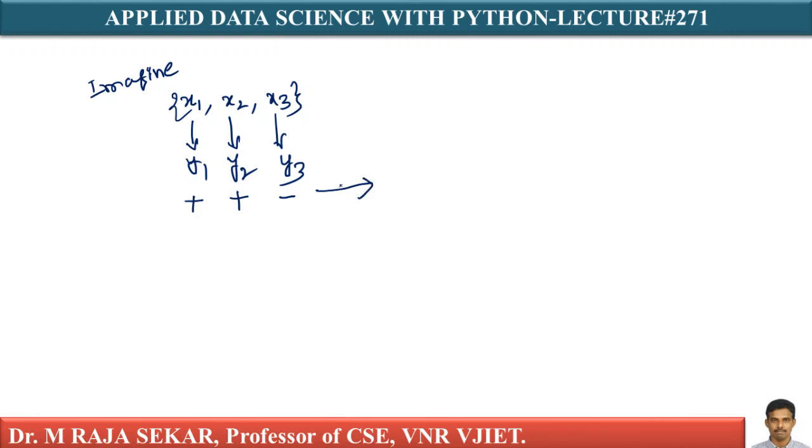What is your majority voting? 2 are positive, 1 is negative. Which one is the majority? Majority is positive. Therefore, my corresponding yq must be a positive point or blue point.